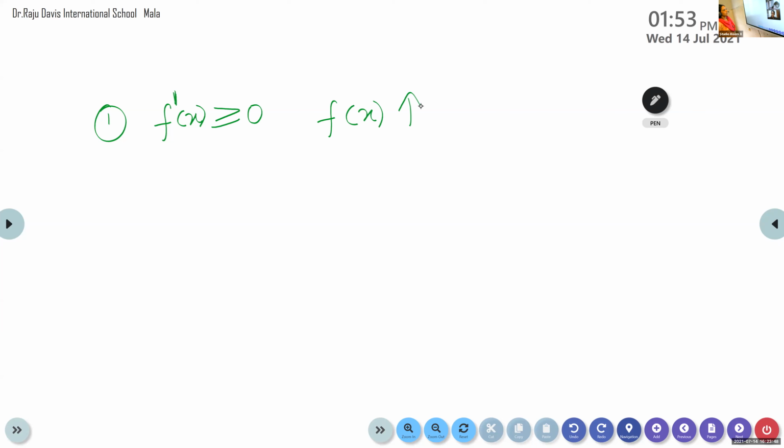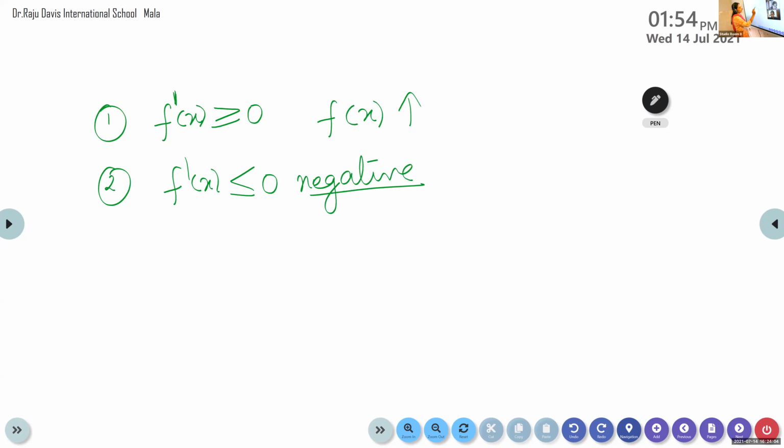And if f dash of x is less than or equal to 0, that means negative, when we find the first order derivative, then we can say f of x is a decreasing function.